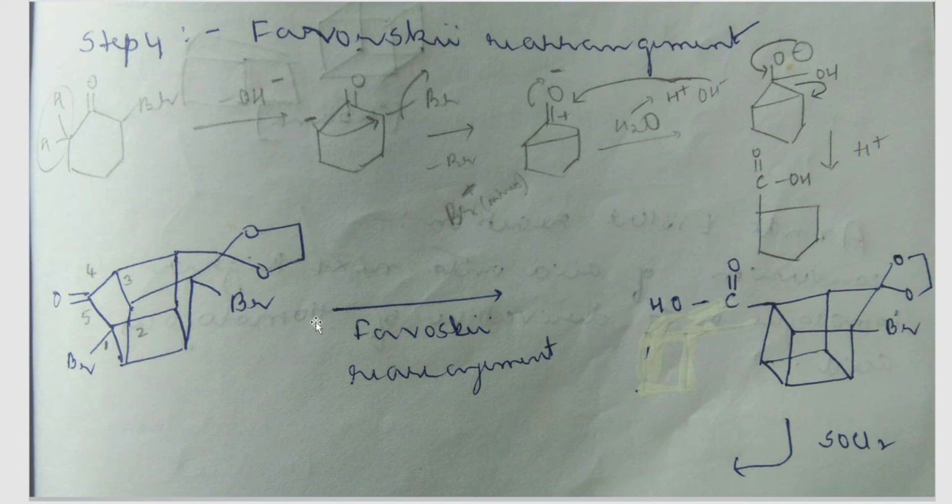That is the reason why we did that protecting group step in step number 3, because we wanted the reaction to take place only to one ketone functional group, okay, not both. If I had not protected this and if it was present in the form of keto group only, then what would happen? There would be Favorsky rearrangement taking place on two sides, this side as well as this side. Because I wanted it to happen to only one of the keto groups, I protected the other part.